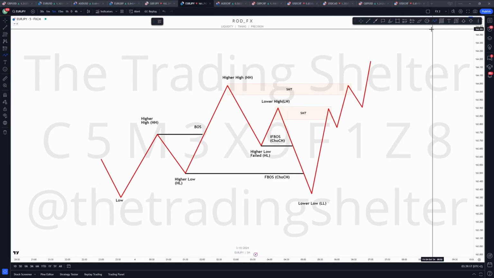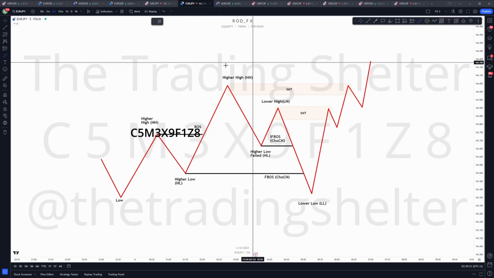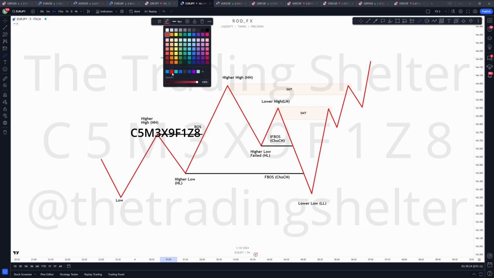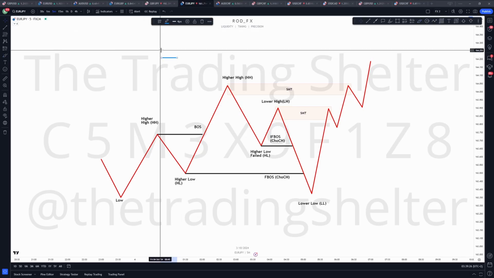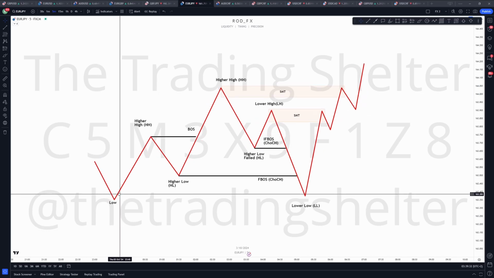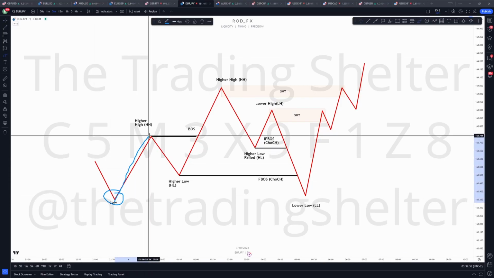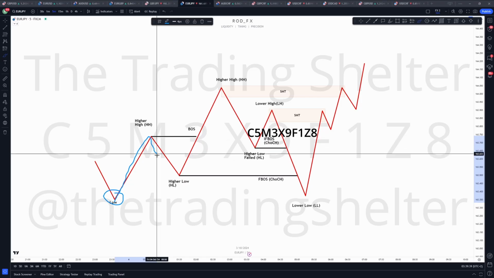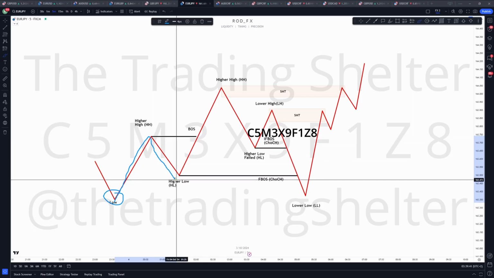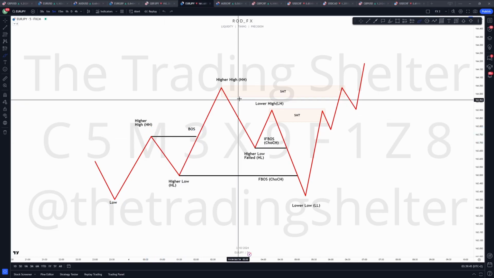As you can see, let me just change the colors of this. Again, we have this point makes a higher high. Then we have a higher low. Then we have our official break of structure. Pretty clear.